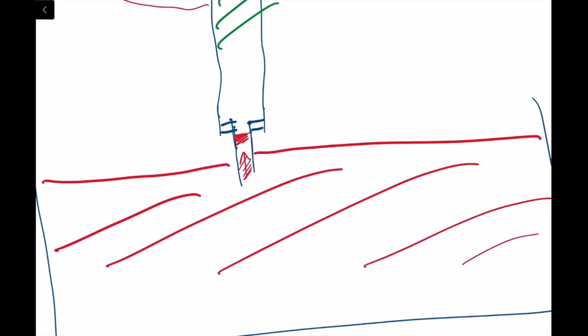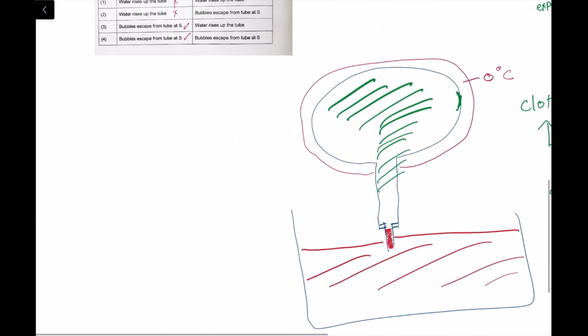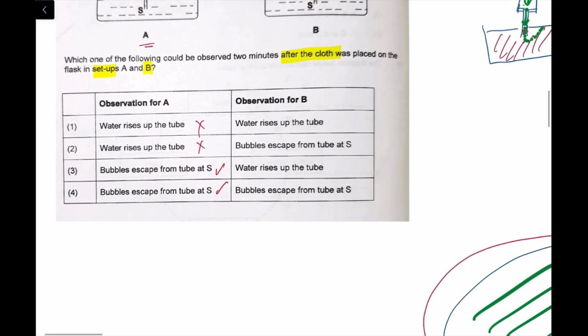So the water level inside the capillary tube increases. So therefore the option is either the first one or the third one, where water rises up the capillary tube. And since for option 3 both the observations are correct for A and B, the answer would be 3.